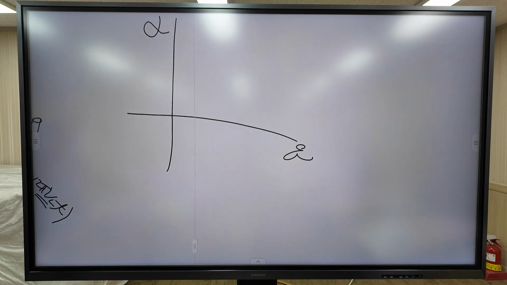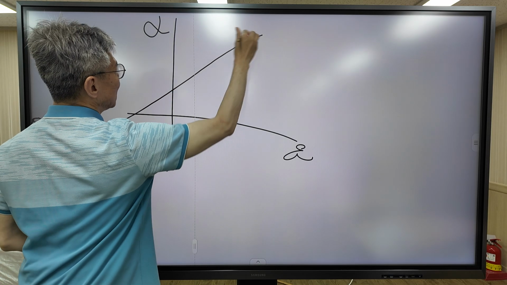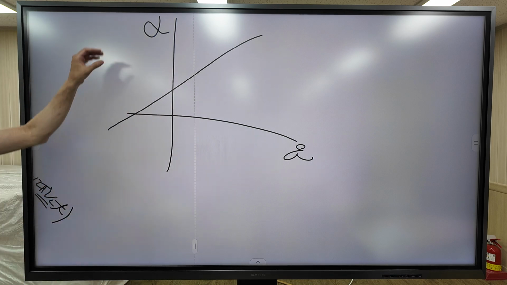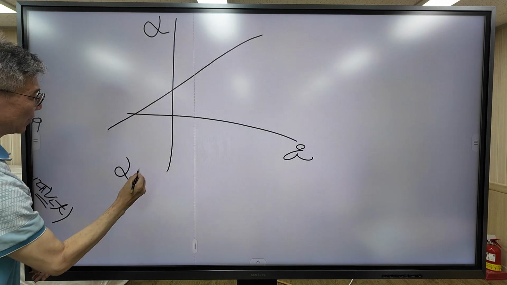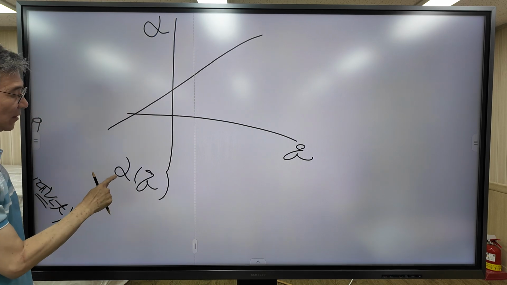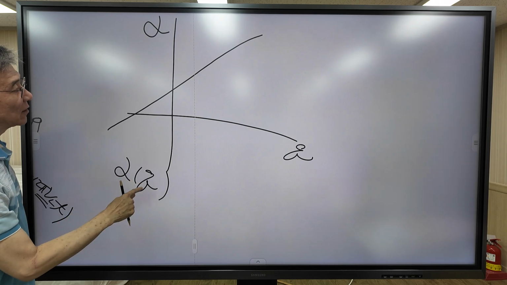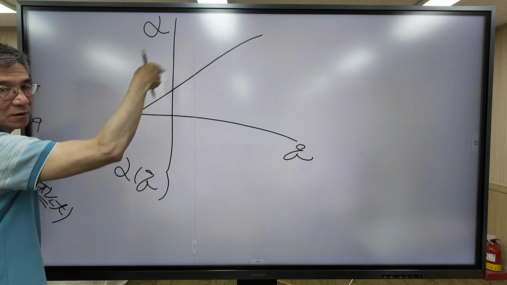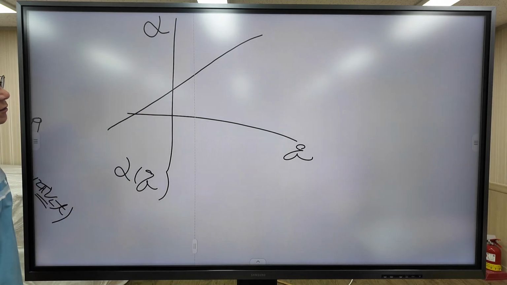Now I'm going to approximate alpha as a linear function, just a line, as a first approximation.